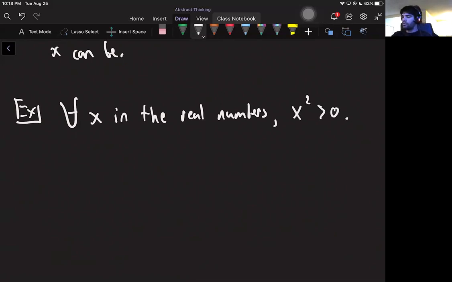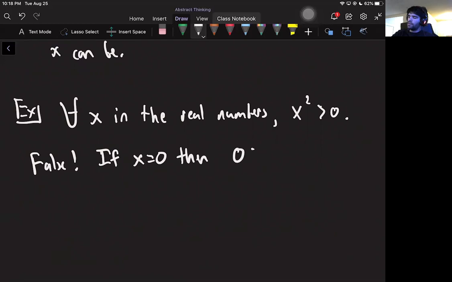Let's see, is this true or false? You might think it's true because when you square something, it becomes positive, but you're forgetting about what happens when x equals 0. If x equals 0, then what you get is 0 is bigger than 0, which is false.